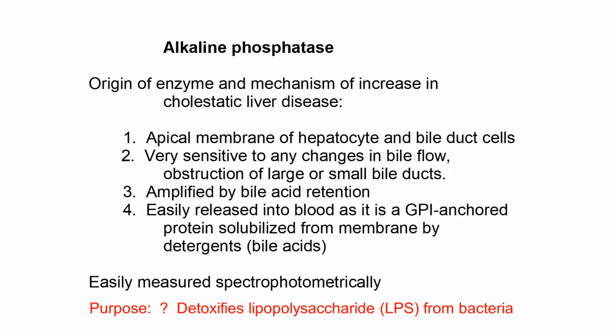So your alkaline phosphatase, on the other hand, as I mentioned earlier, originally is an enzyme, and this is increased by cholestatic liver diseases, including obstruction, or any other condition that damages or obstructs the biliary duct.